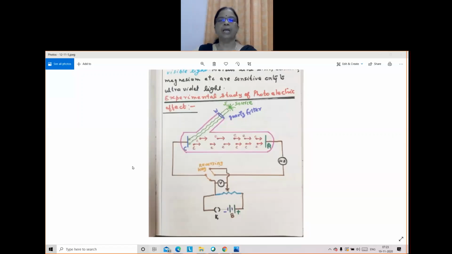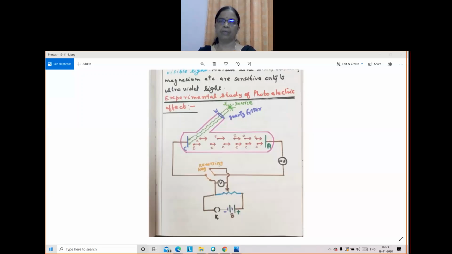Okay. But when we increase the potential, what is the effect? When we increase the potential, electrons move faster. Therefore, the electron flow per unit time increases, and the photoelectric current increases.